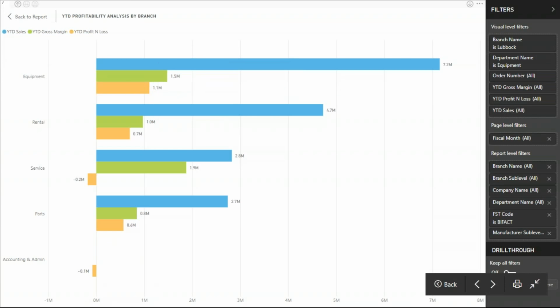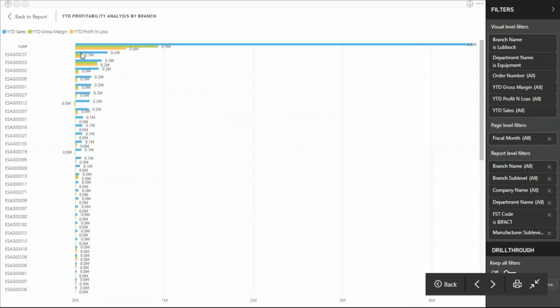Then I could drill down another level, and it gives me the ESA numbers, individual sales deals, which make up that number. Now, one thing to remember, and you'll see that quite a bit, especially for the first few months of you starting to use that, is you'll see numbers getting tied to NAs. Those are essentially your migration.